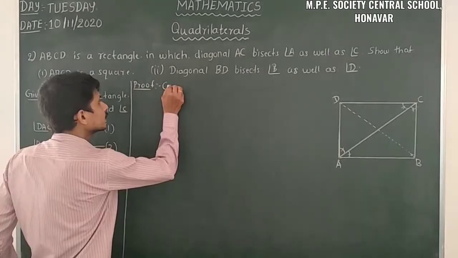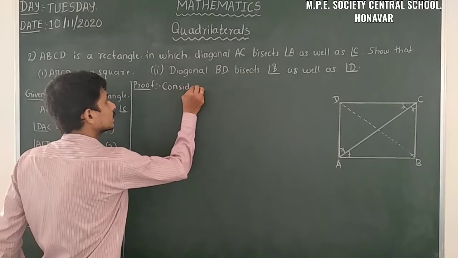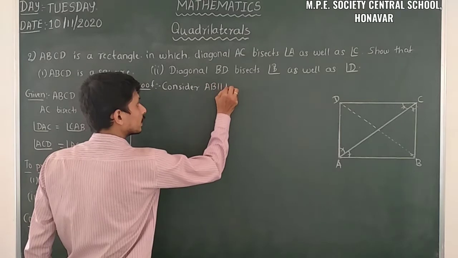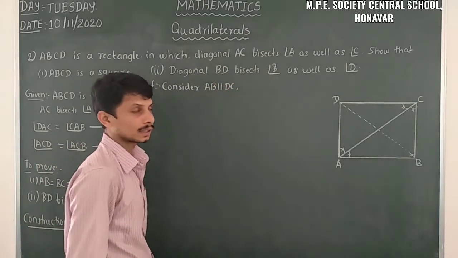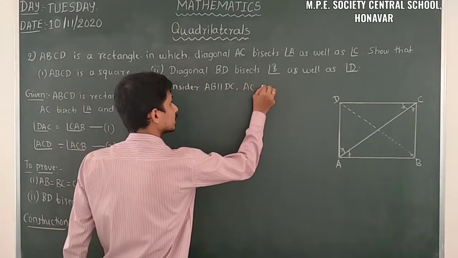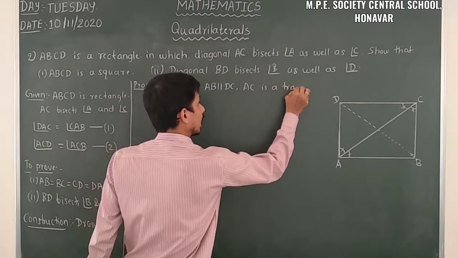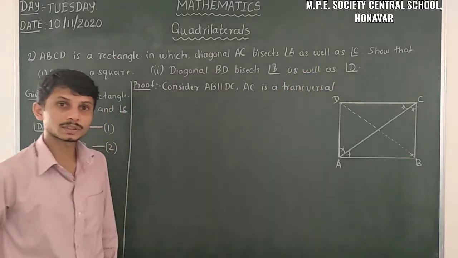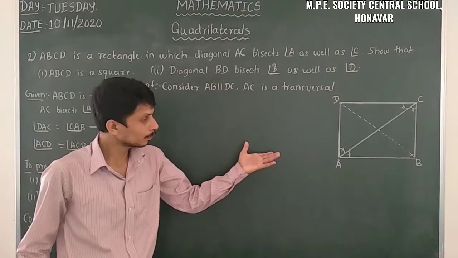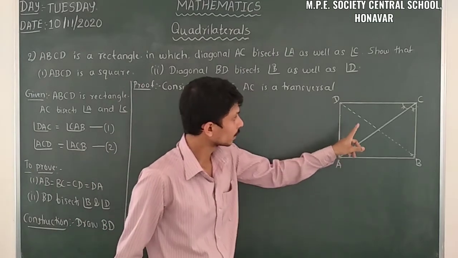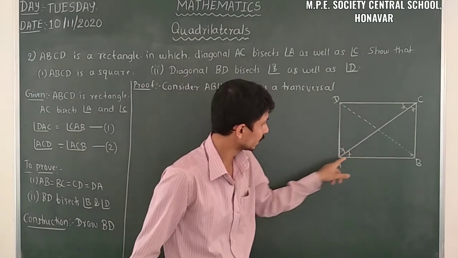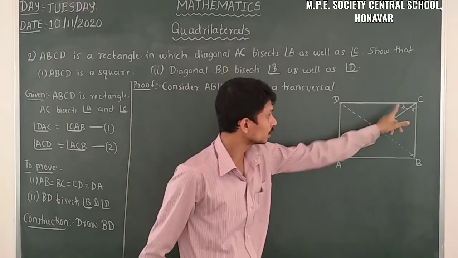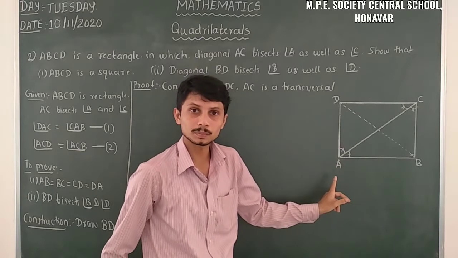So let us consider AB parallel to DC and AC a transversal. Then what are the alternate interior angles possible? Here it is and here it is. These two alternate interior angles are possible here.